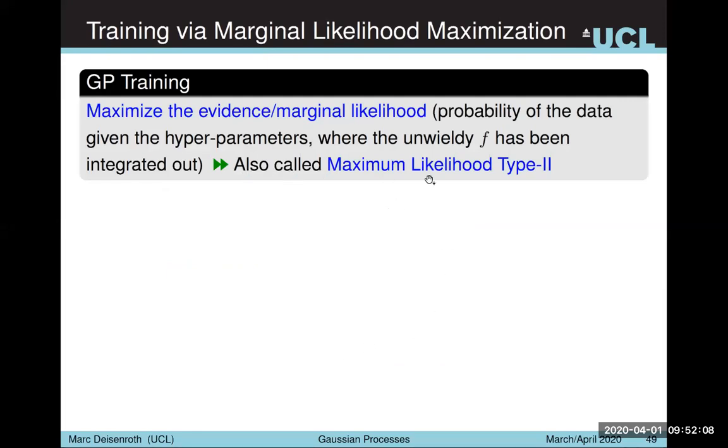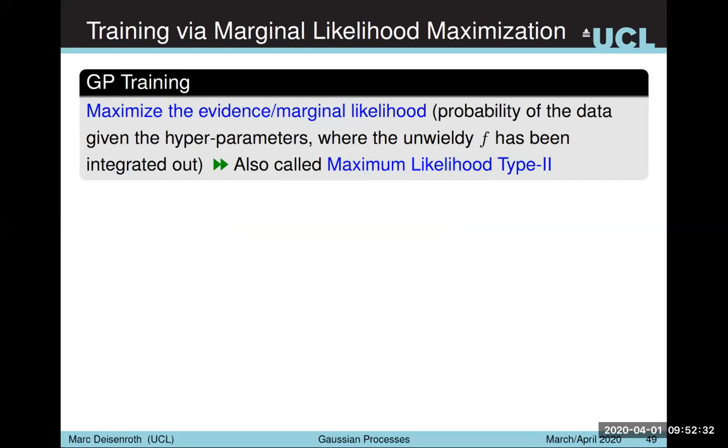As I mentioned earlier, this is also called maximum likelihood type 2 because there is this close correspondence between maximum likelihood and marginal likelihood optimization, but just at a different level. The spirit is the same, and the equation that we optimize is the same, but there's a very important difference.